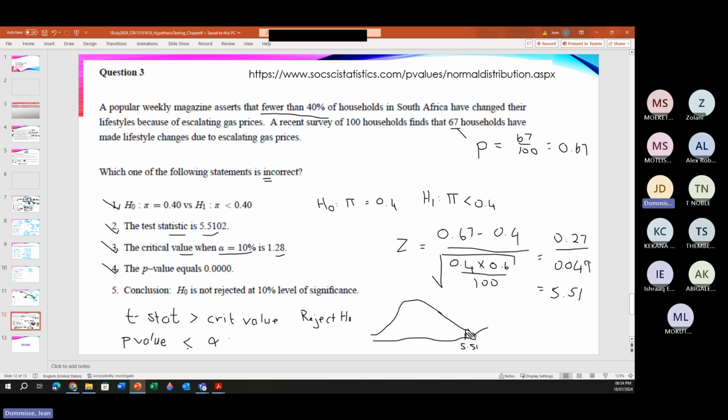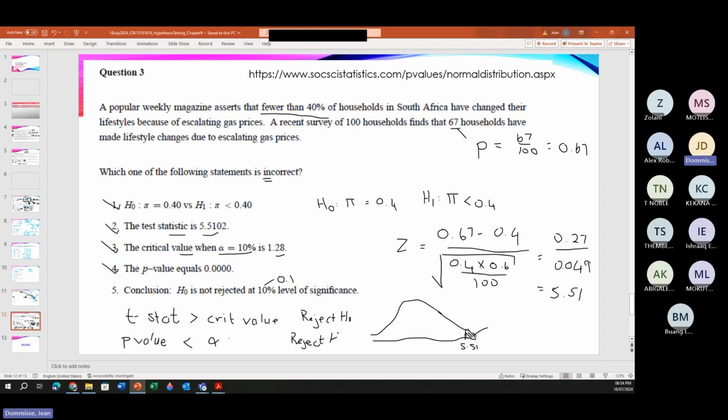So when your p-value is smaller than your alpha, and your alpha was at 10%, which is 0.1, that is also when we reject a null hypothesis.